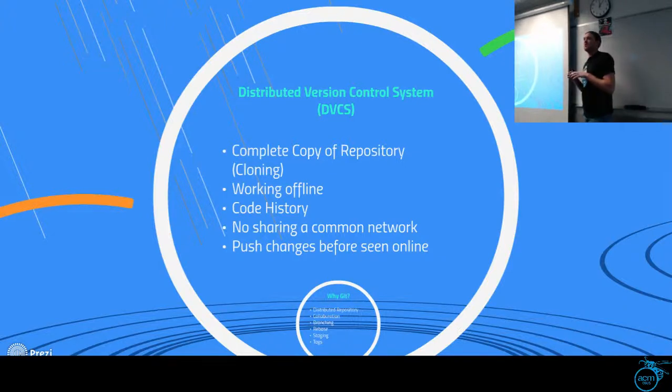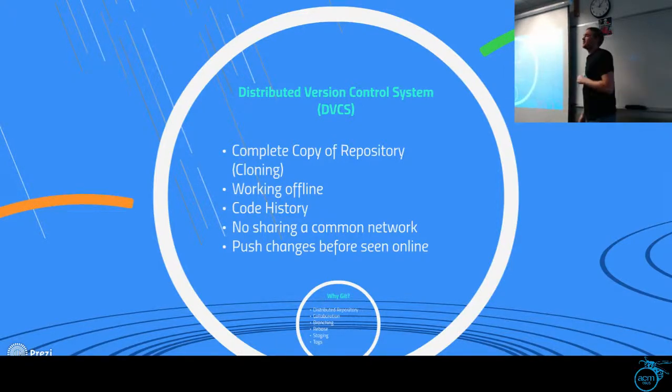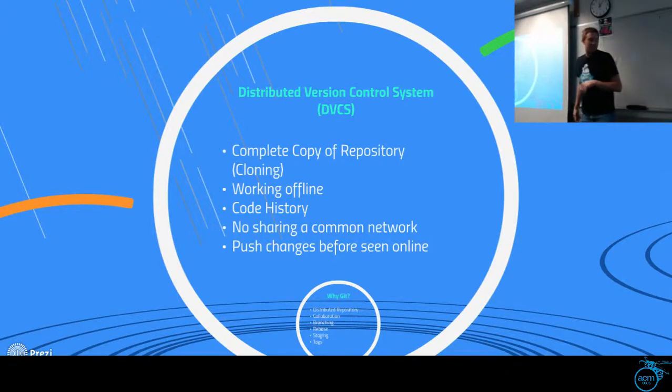This repository is the copy of everything on Git, so it copies down to your local computer, so you can commit and merge on your own local. You can work offline, and you're not sharing a common network like a centralized repository where everyone's reaching to a single database for that code. You can work offline, and that gives you really fast commits, and it's a lot faster than most version control systems.